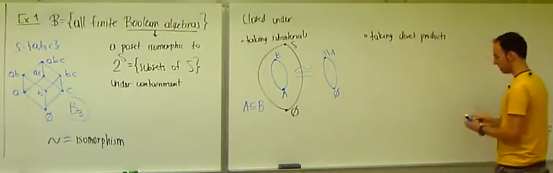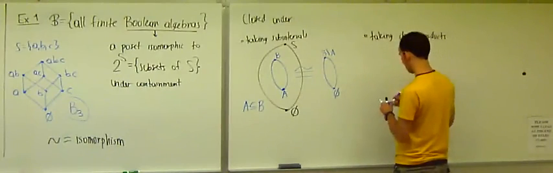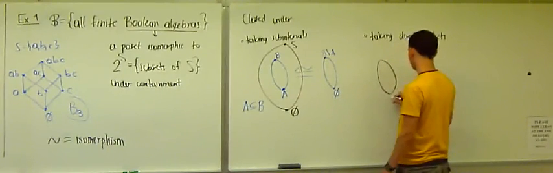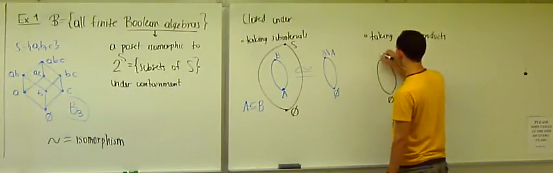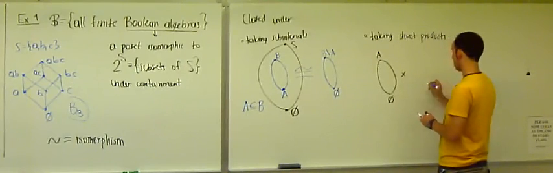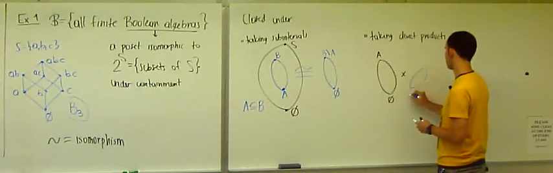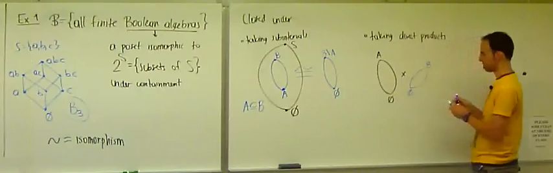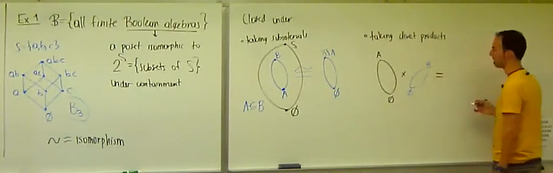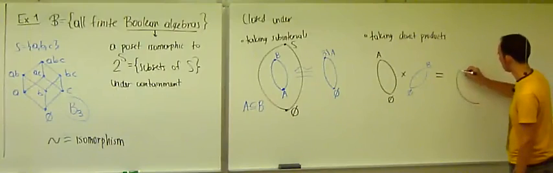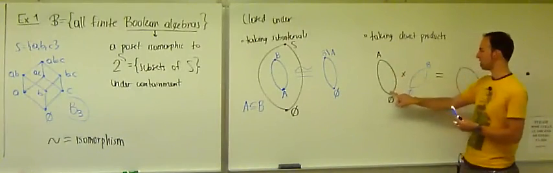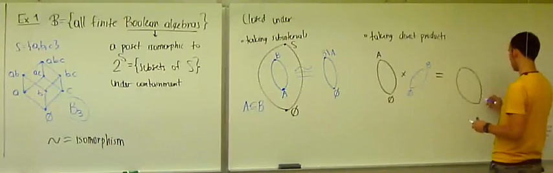So let's take a direct product of subsets of A and subsets of B. Remember the way we do that is that we take the black poset, and at each element we put a copy of the blue poset. And so we get something like this.